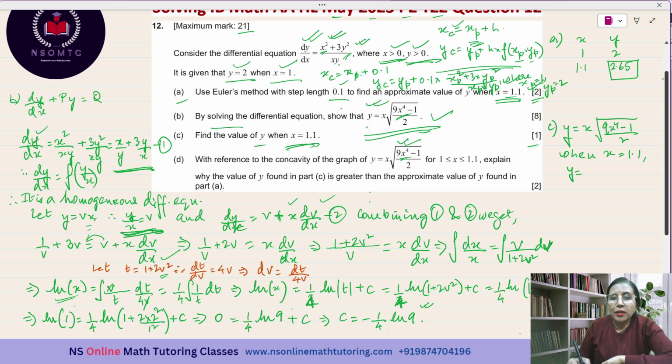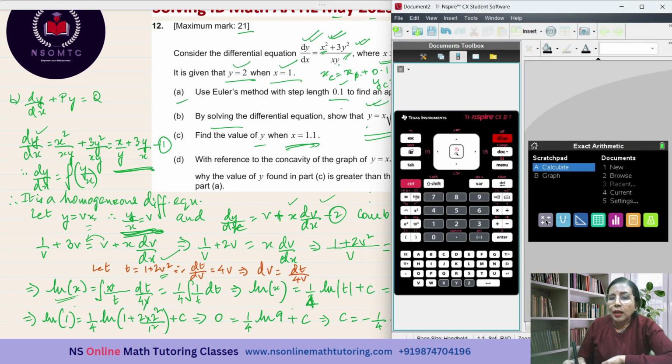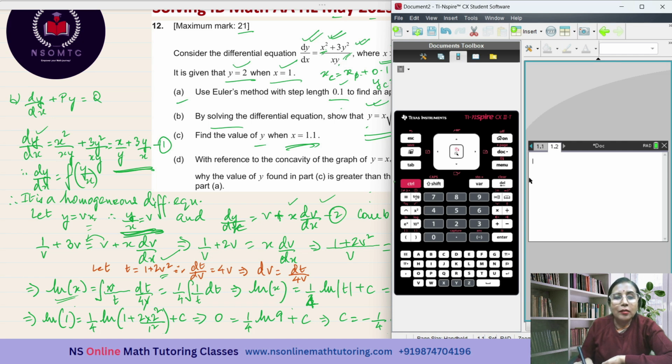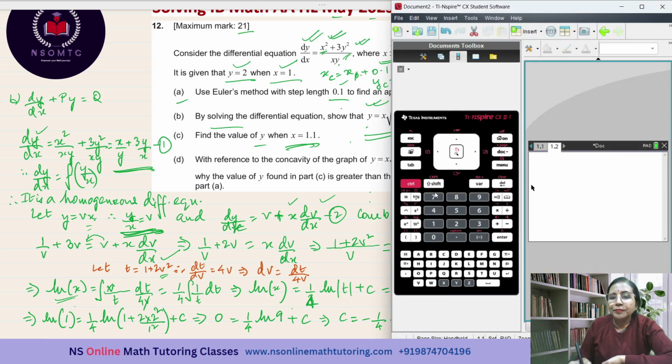We have to use the calculator, definitely. We have to go to the calculator page. It is x times square root of 9x to the power of 4 minus 1 over 2. X is 1.1, right?